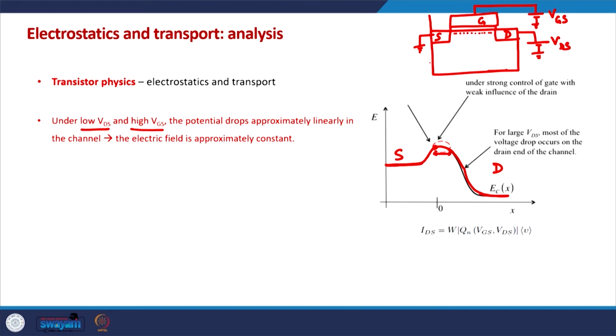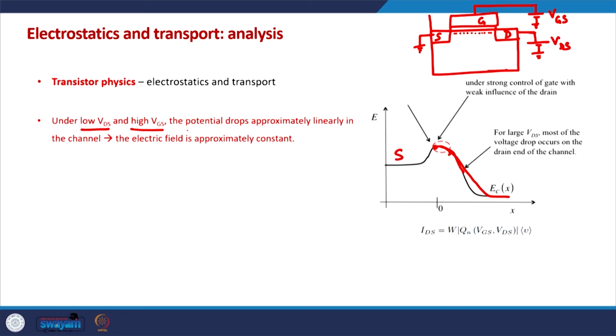of electrons just below the gate terminal, but the VDS voltage is very low. The shape of this barrier will be almost linear from the height of the barrier to the drain side. So, this will change very smoothly, almost linearly.